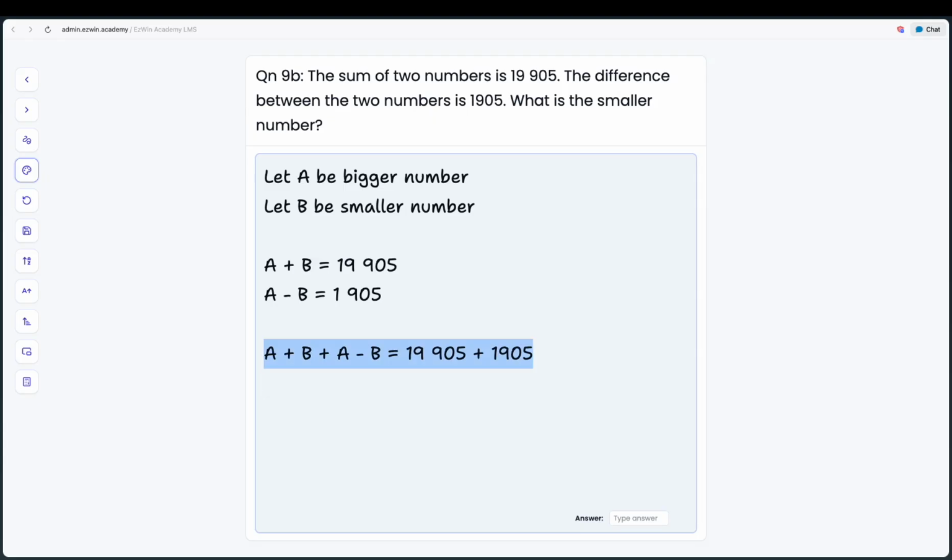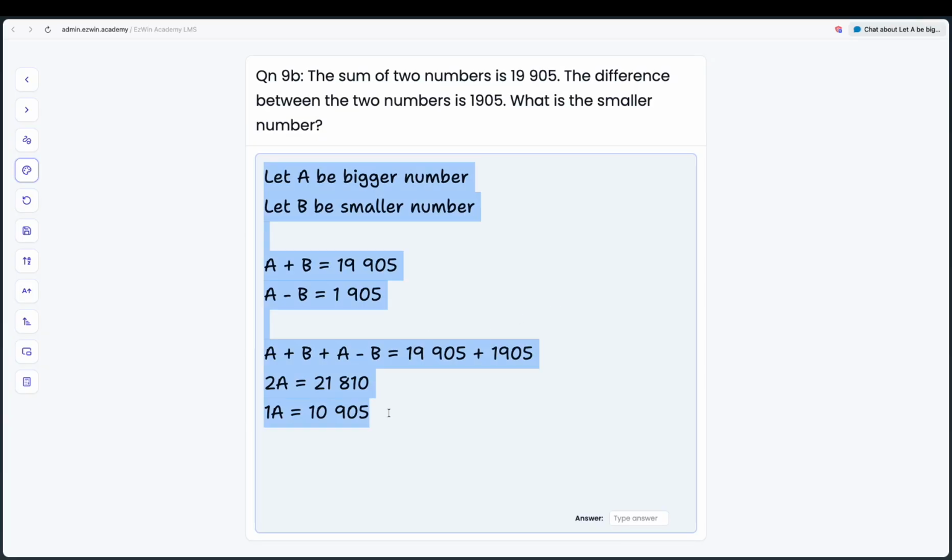Okay, so in this case, we will then get 2A equal to 19905 plus 1905. This will be 21810. Okay, so 1A will then be equal to 110,905. No, so this will be, okay, you know what?